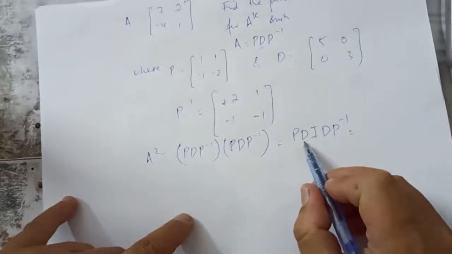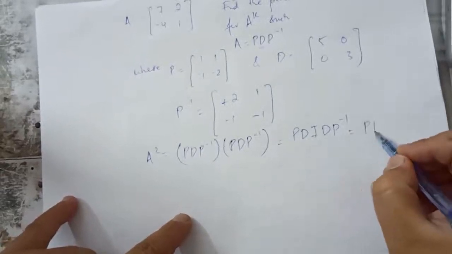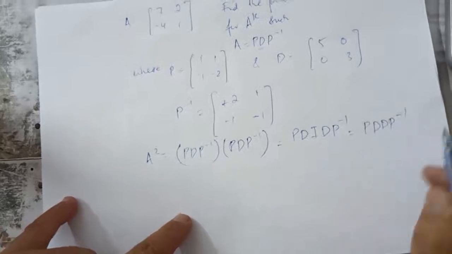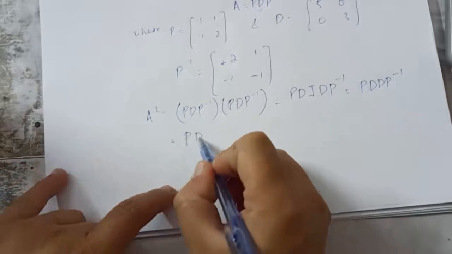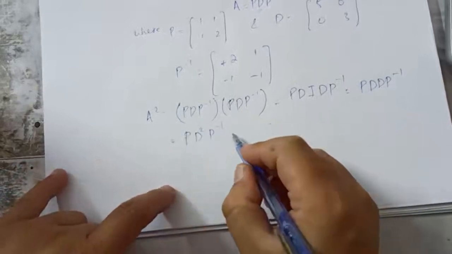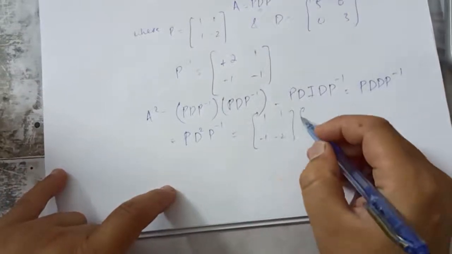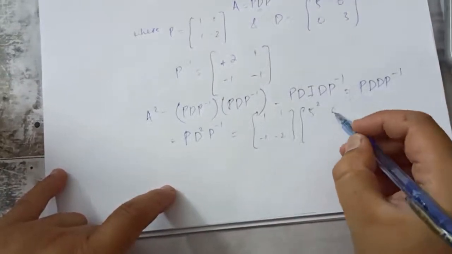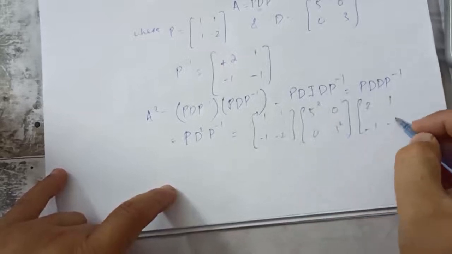Now this is nothing but D square, so it comes out to be PDDP inverse, which is nothing but equal to P D square P inverse. And we can easily find that 1 minus 1 1 minus 2, 5 square 0 0 3 square, and 2 1 minus 1 minus 1.